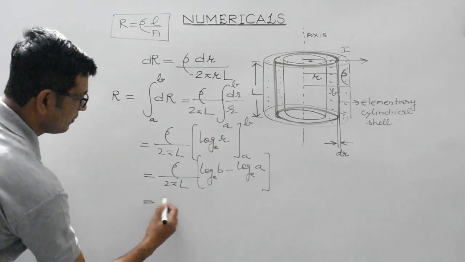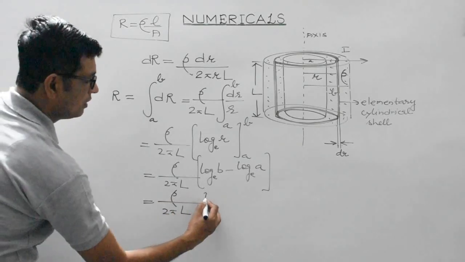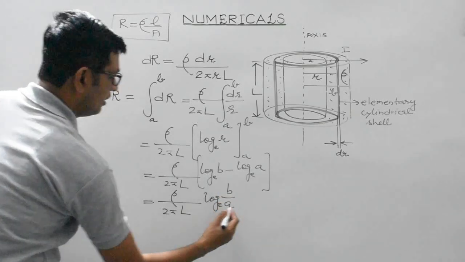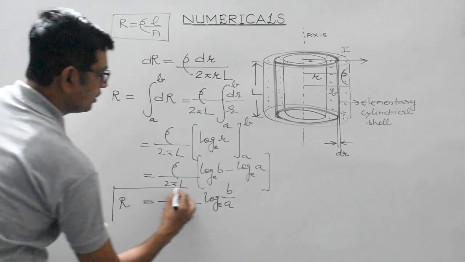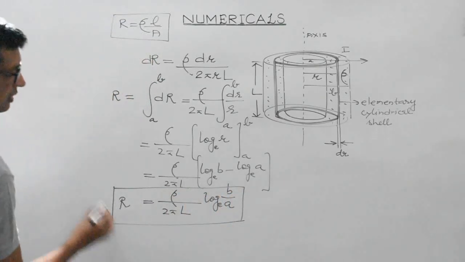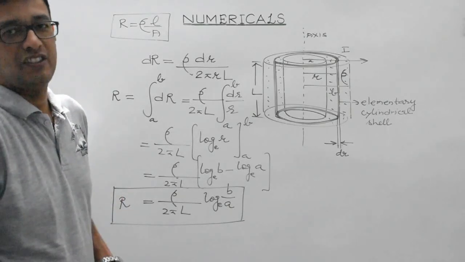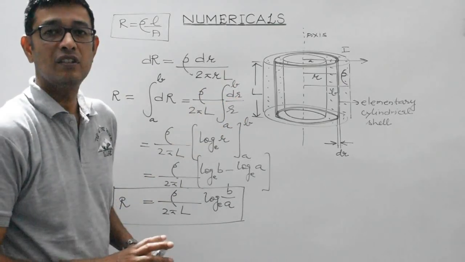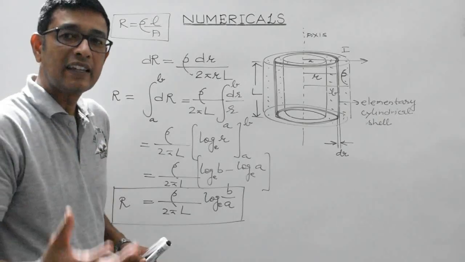So we get R is equal to rho over 2 pi L times natural log of B by A. So students, this is the expression for the resistance offered by this conductor, which is in the form of coaxial cylindrical shells.